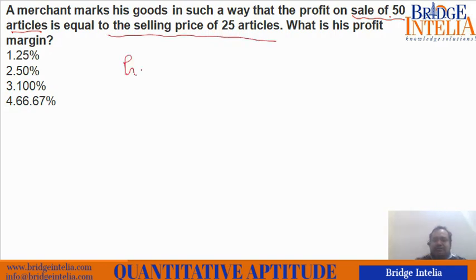So profit is equal to the selling price of 25 articles, but the number of articles sold is not 25, it's 50.